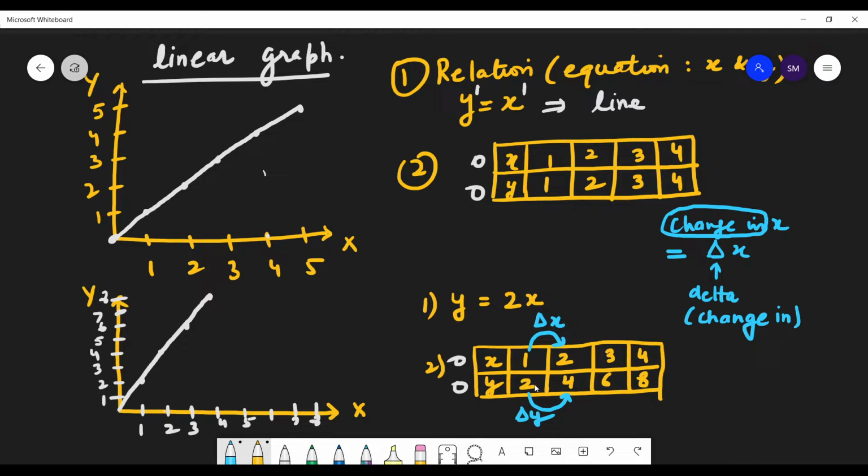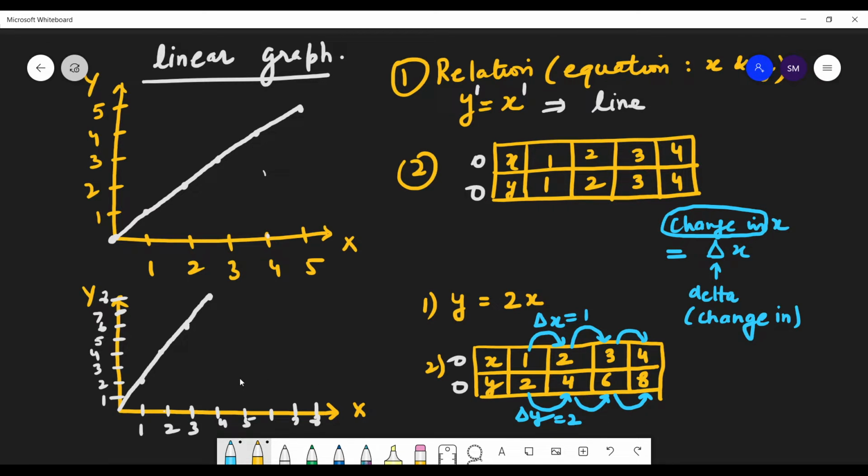4 minus 2, 2. Here again, change in x is 1. How much is the change in y? 2. Yes. So change in x is 1, but change in y is 2. How much is the change in x? 1. How much is the change in y? 2 steps.